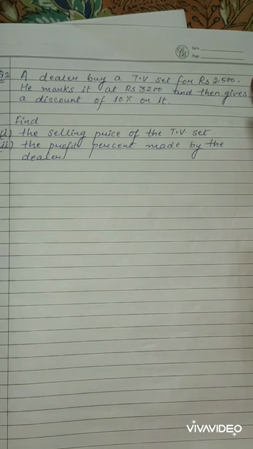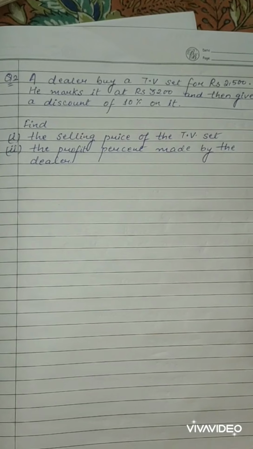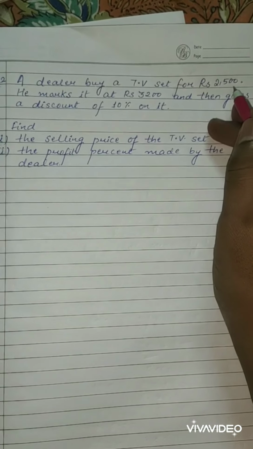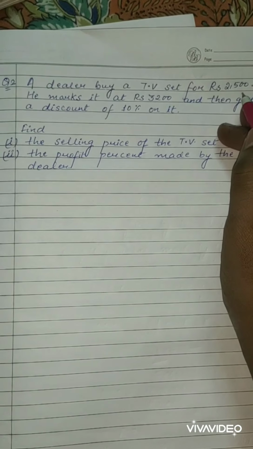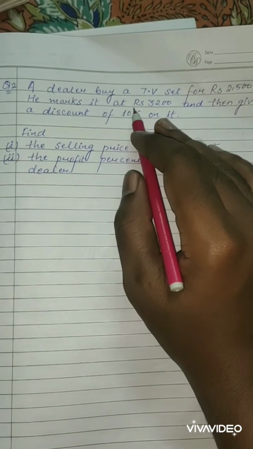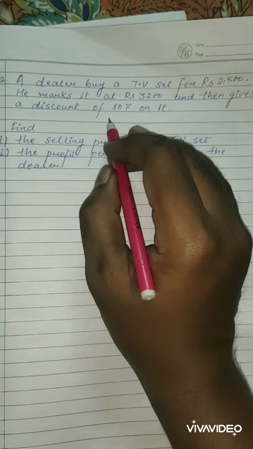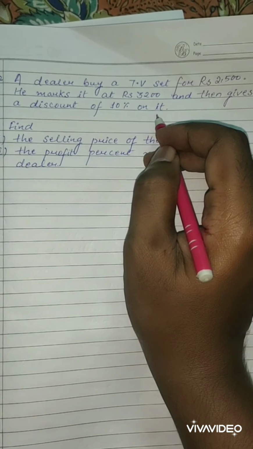Now let's see what the second question is asking. A dealer buys a TV set for rupees 2500. He marks it at rupees 3200 and then gives a discount of 10% on it.